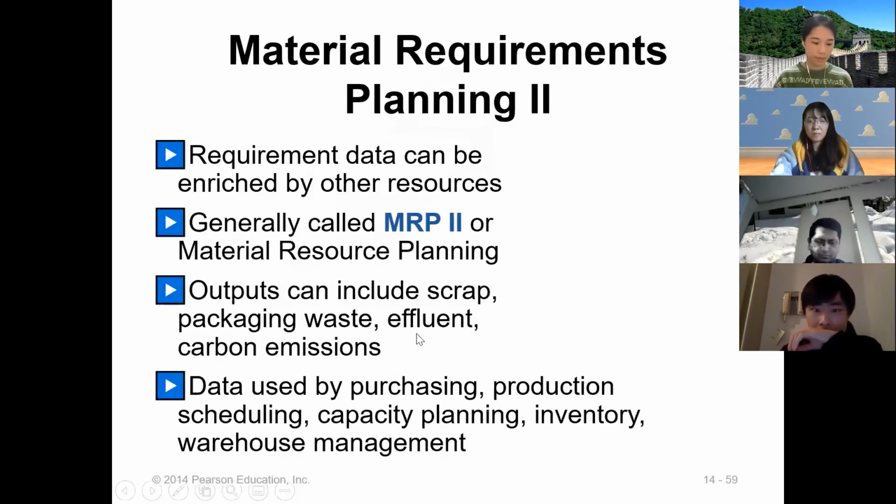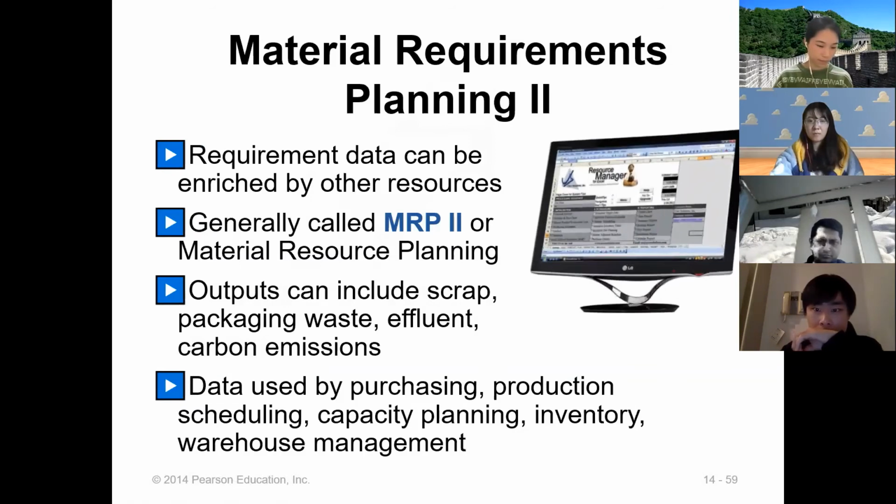So it becomes much more complicated, much more complex. But of course, it becomes much more real because you will have all kinds of modules. So there are purchasing modules, production scheduling modules, capacity planning modules, inventory modules, warehouse.